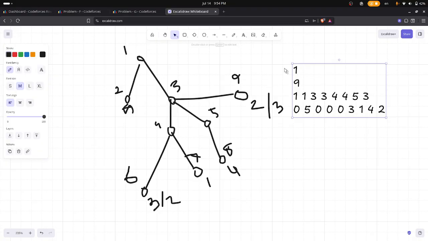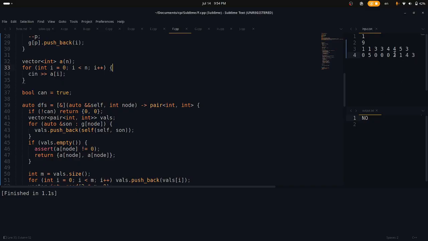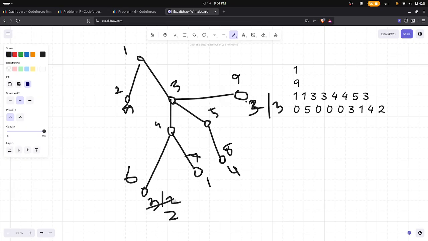So you can switch this 5 to this side, and then one here, 2 here. Alright, if this is 2 and this is 3, 9 is 3, right? Now 9 is 3, 6 is 2. So 1, 2, then 3, 4, 5. Yeah, it is possible.